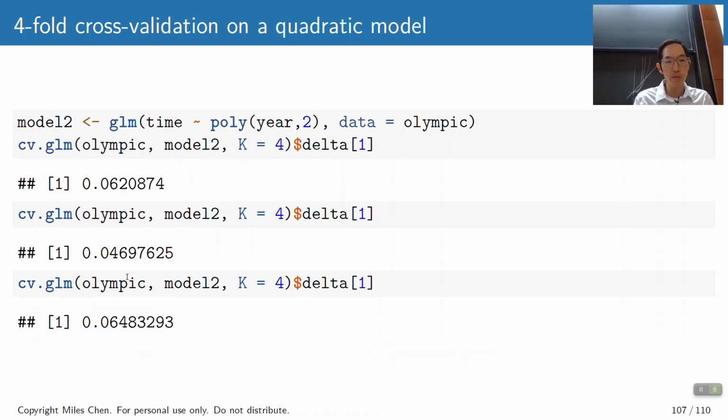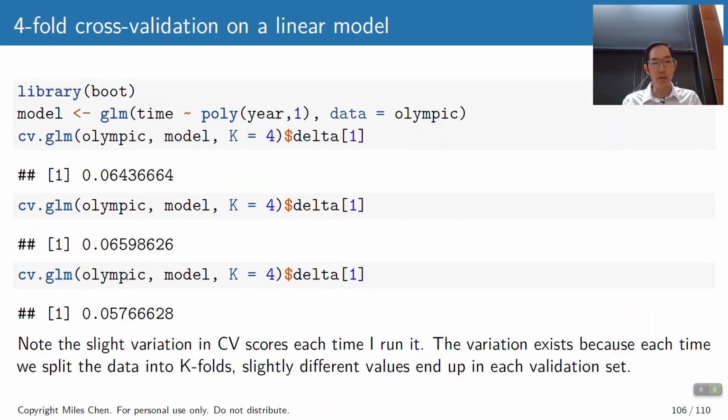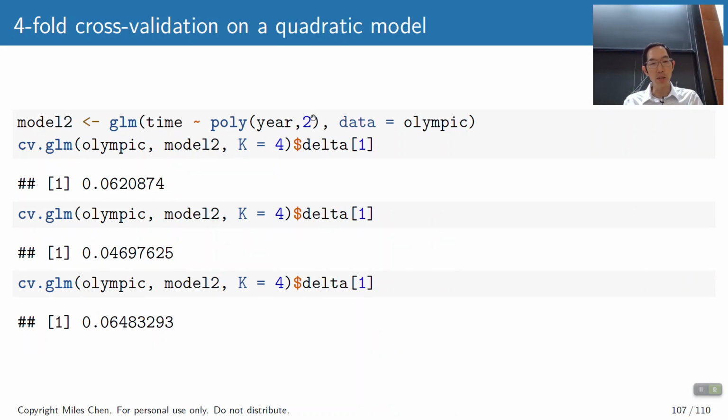Whereas if you do leave one out cross-validation, okay, so here it is. Here's for the linear model, these are the three different scores. For the quadratic model, these are different scores that we get from repeating the process multiple times. Here are the scores for repeating the process multiple times on a cubic model.